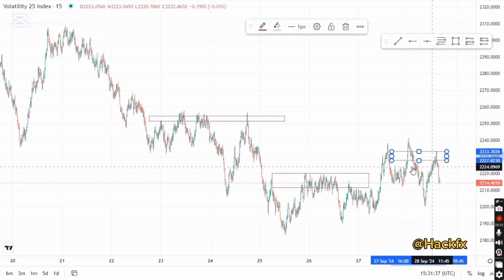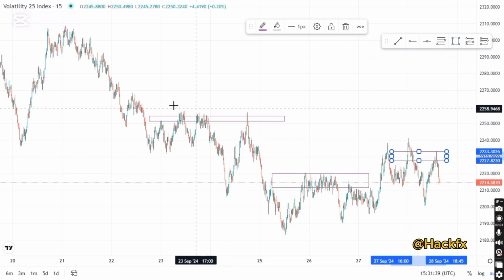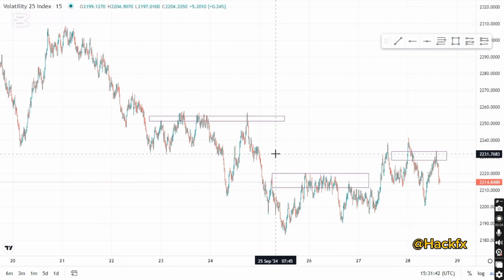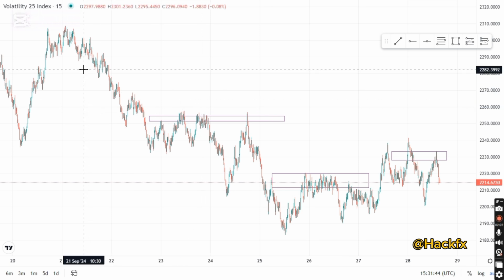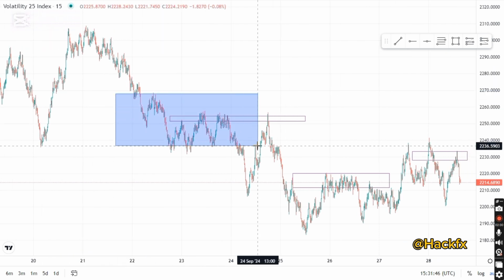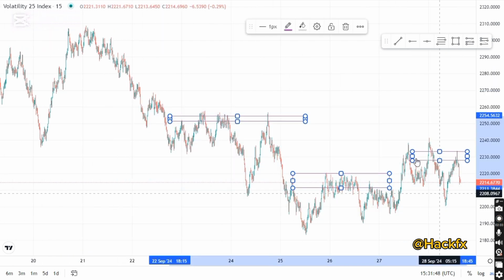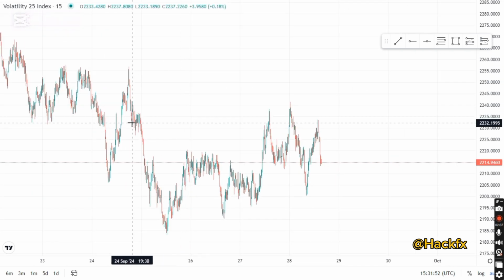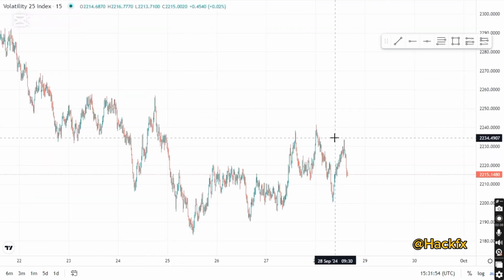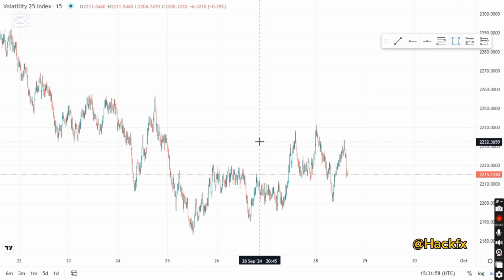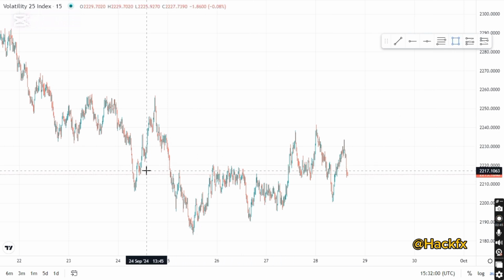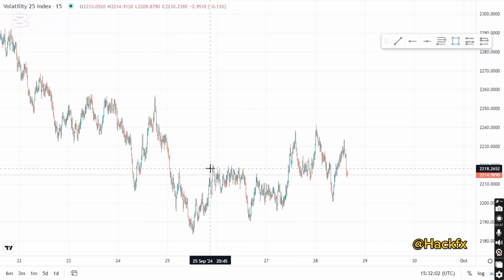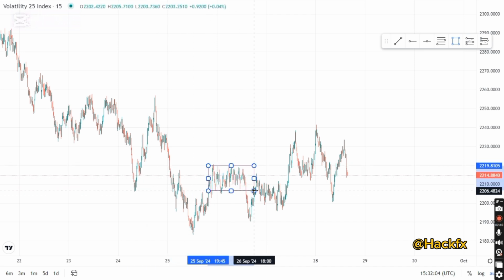Pay attention, I'm going to show us exactly how this works. Number one, I use this tool whenever I see a consolidation, and this is an example of a consolidation.